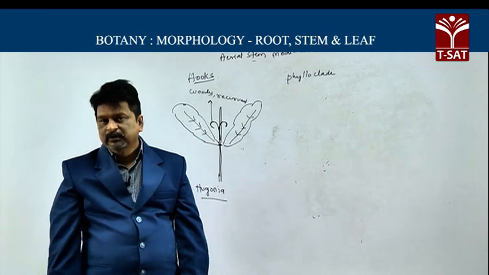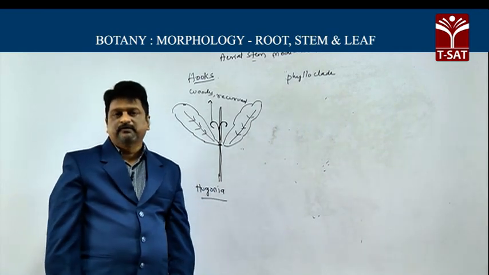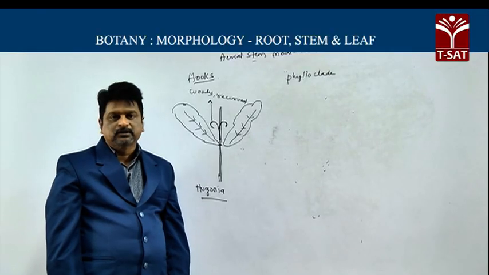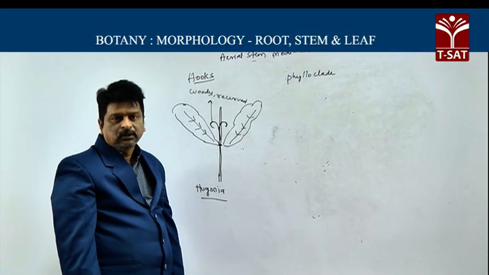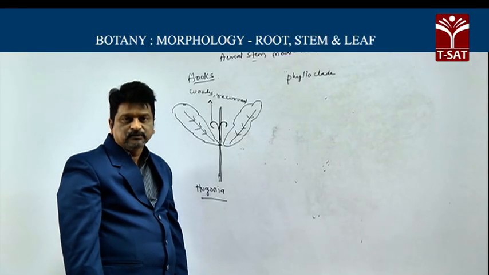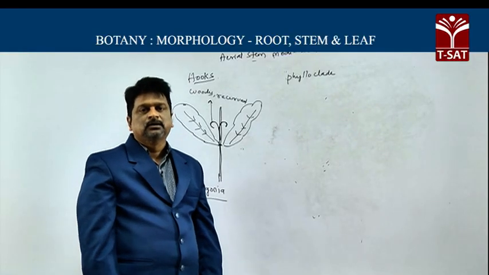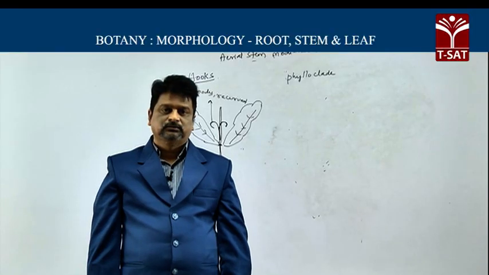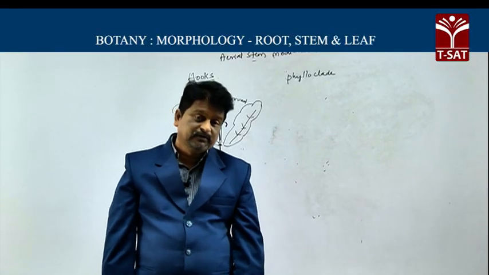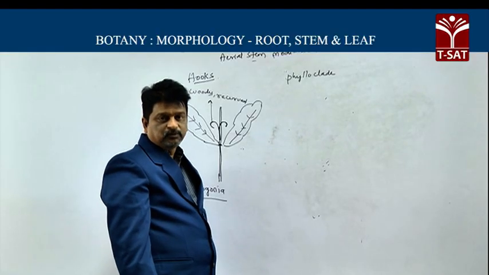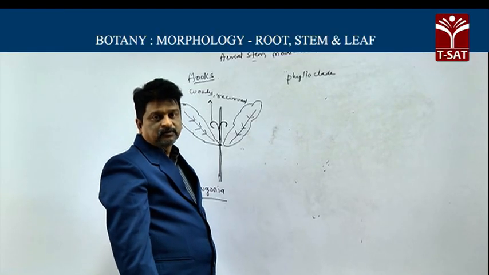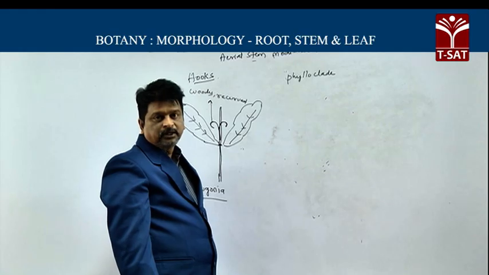That is why the stem is modified into a leaf-like structure. If the stem is modified into a leaf-like structure and performs photosynthesis, it is called a phylloclade. Examples for phylloclade are Opuntia, Casuarina, and even Euphorbia.